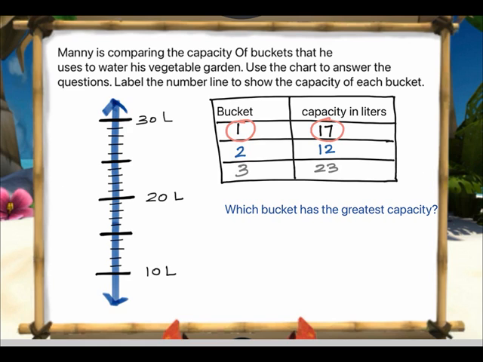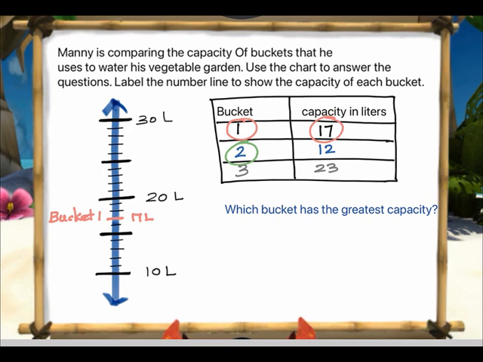So this is 10 liters. So this must be 11, 12, 13, 14, 15, 16, 17. So bucket 1 goes right here, 17 liters for bucket 1. And now let us do bucket 2.